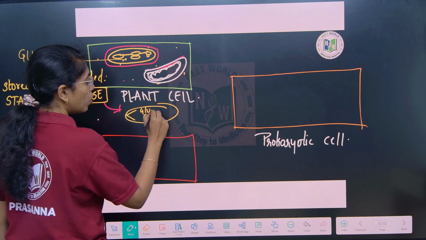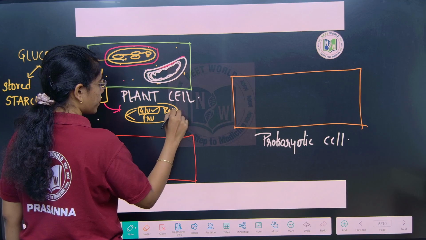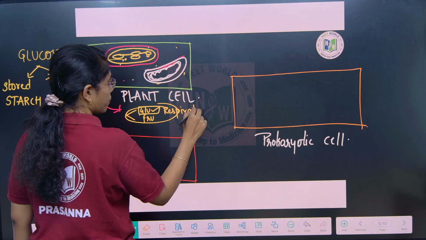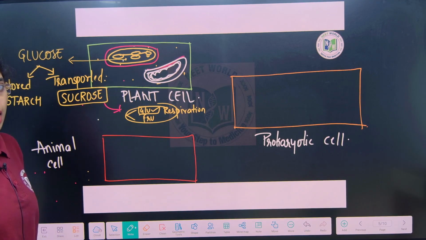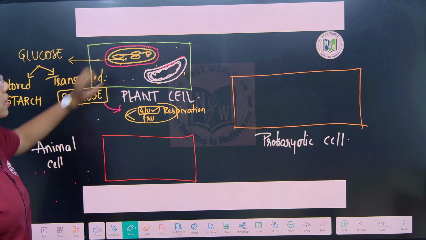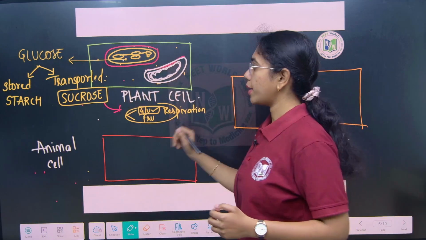Glucose will start the process of respiration, because it has to get oxidized and produce energy. So, first in a plant cell, if we observe, ma, a plant cell has chloroplast and mitochondria.